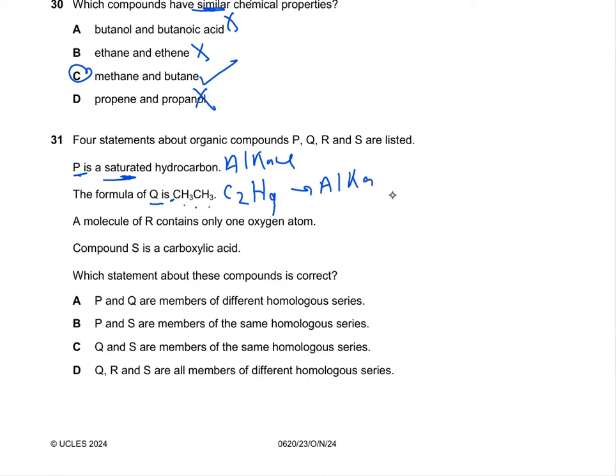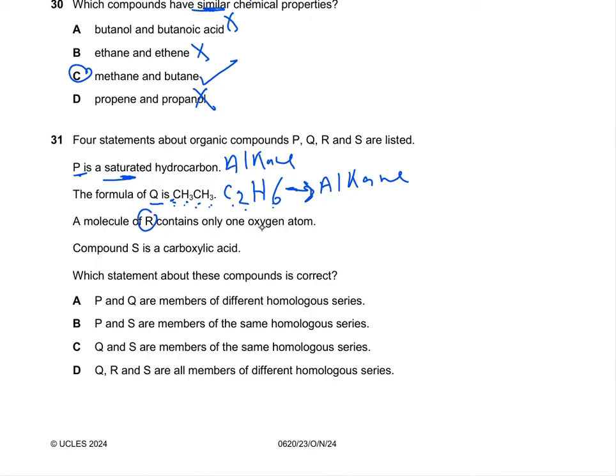As it displays the general formula of the alkane, which is CnH2n+2. It's C2H6, as it's CH3 and CH3, so it's an alkane, as it displays its general formula CnH2n+2.